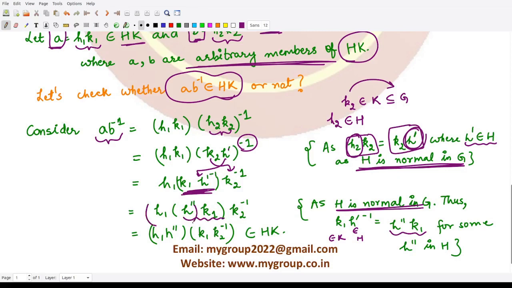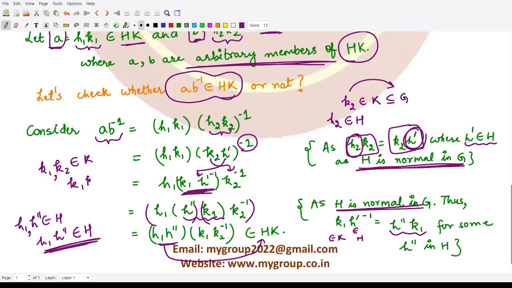Now you can use the associative property to club up the elements. So we would have h1 h double dash and k1 k2 inverse. Because h1 and h double dash are both members of H, their combination would also be present in H. So the first member is present in the subgroup H. And because k1 and k2 are both present in K, k1 k2 inverse is also present in K. So the second member is present in K. Hence this AB inverse is a member of HK.